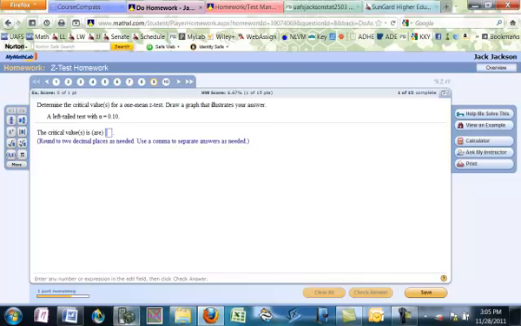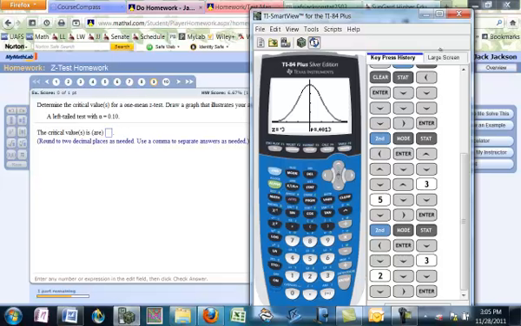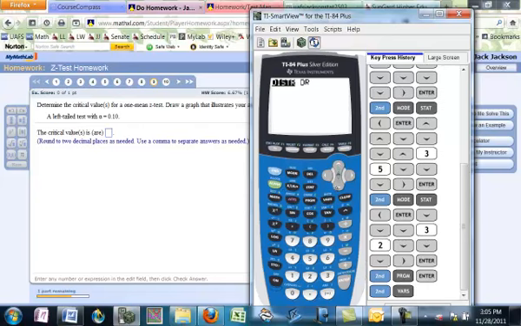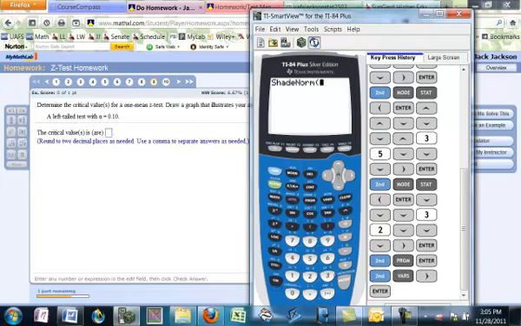What we're looking for is basically just going back to our normal distribution. So we can clear the drawing off, go to distributions, go to draw, shade normal, and I'm trying to remember the syntax for this one.